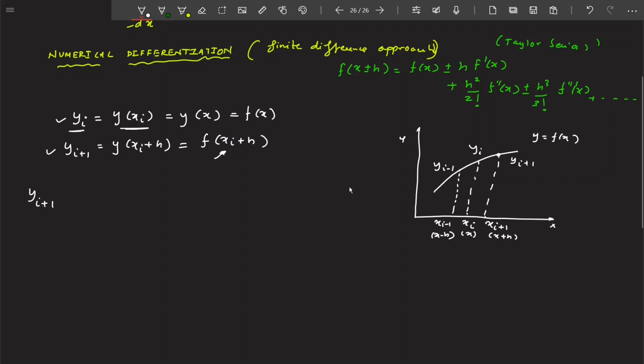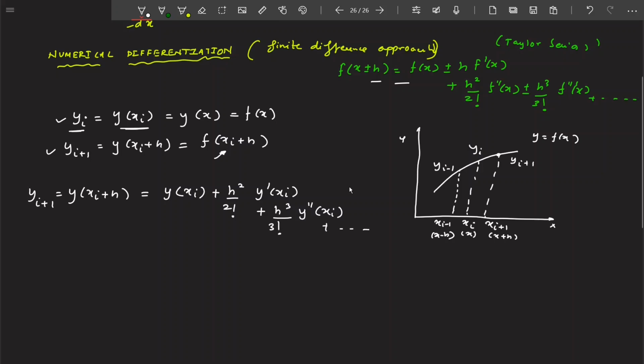y i plus 1. So if you apply Taylor series approximation for y i plus 1, which is nothing but this, this comes out to be y x i plus h square divided by 2 factorial y dash x i, plus h cube upon 3 factorial y double dash x i.